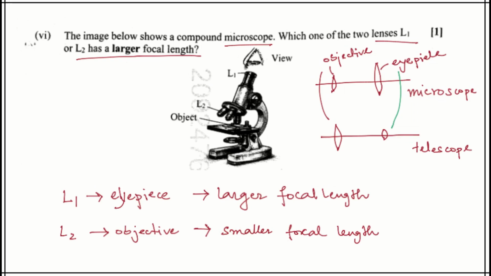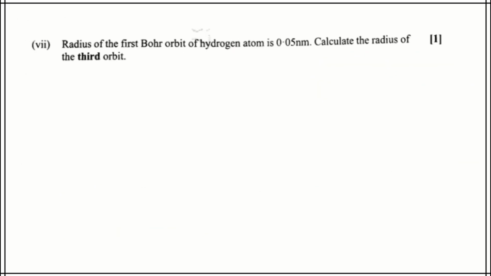Next question. Question number 7. Radius of the first Bohr orbit of hydrogen atom is 0.05 nanometer, which we consider as R1 equal to 0.05 nanometer. Now we need to calculate the radius of the third orbit.